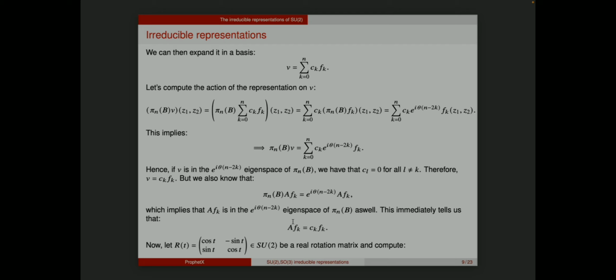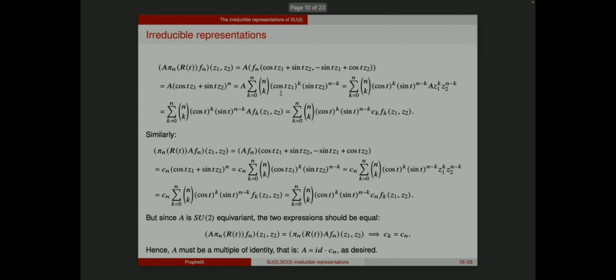Okay, so to see that this ck is a multiple of the identity, to finish the proof by the converse of Schur's lemma, we take a rotation matrix, which is in particular in SU2. And this is a real rotation matrix. And once again, we compute the action of the representation on this rotation matrix and use equivariance of A. So it's literally the same computation we did before. So here in the first line, I just use how the representation acts on the rotation matrix.